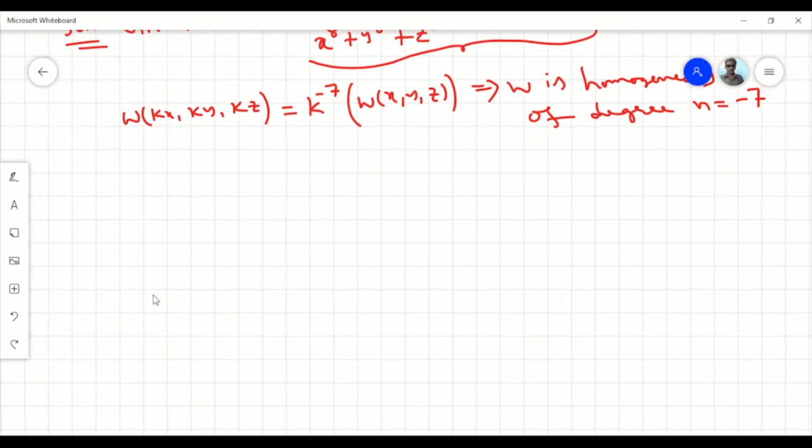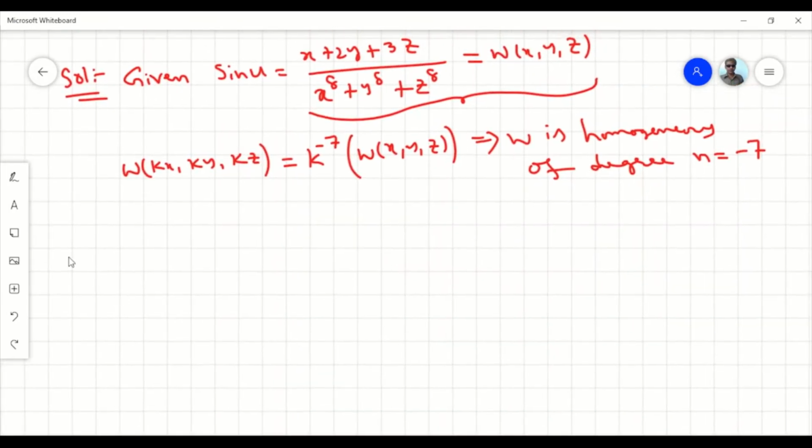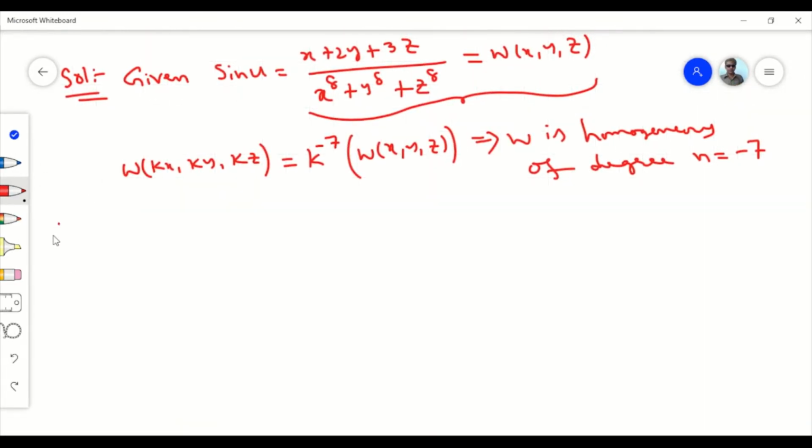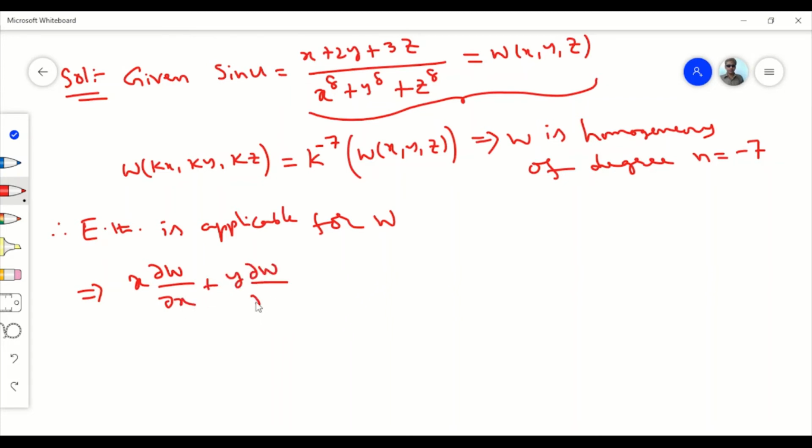So you can apply Euler's theorem for w, right? Therefore, Euler's theorem is applicable for w. This implies x dou w by dou x plus y dou w by dou y plus z dou w by dou z equal to nw, which is minus 7w.